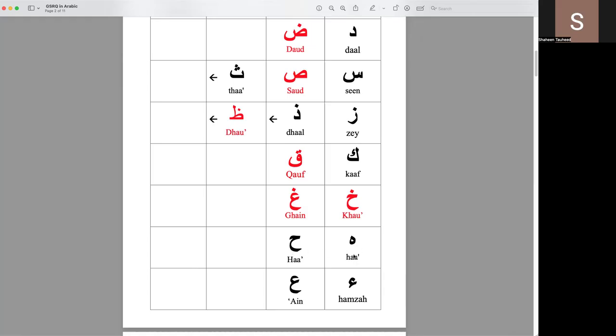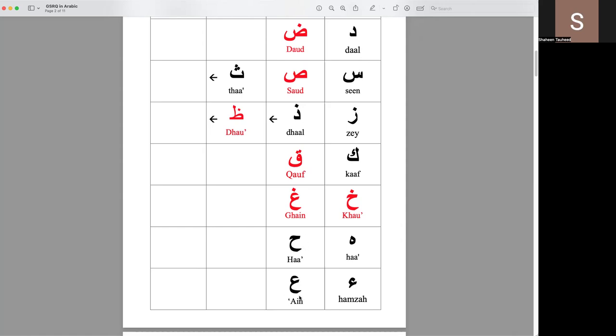This has a little voice to it. Ha, and this one does not. Ha, Ha. Now these two letters have the same problem. This is Hamza, which is from the bottom of the throat, and this is Ain, which is from the middle of the throat, same place where the Ha is. But Ha has air and Ain does not have air.